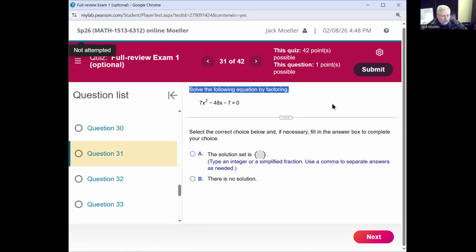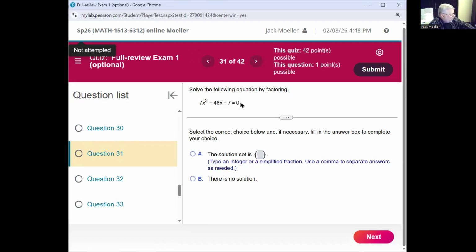If you can see how to factor or do the square root property, that tends to be quicker. But this one, take a few seconds. If you don't see how to factor it, just do the quadratic formula. And for both solve by factoring and the quadratic formula, what's the first step? Make sure it's equal to 0. Okay, if it's equal to 0, then go for it.